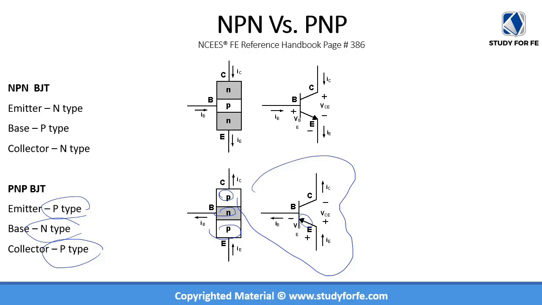This arrow indicates that this is where the emitter is, and the direction of the emitter current is towards this arrow. In the case of a PNP BJT, the direction of the base current will be away from the base, and the direction of the collector current will be away from the collector.